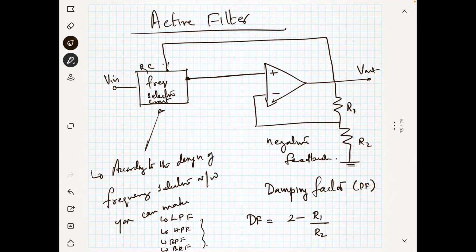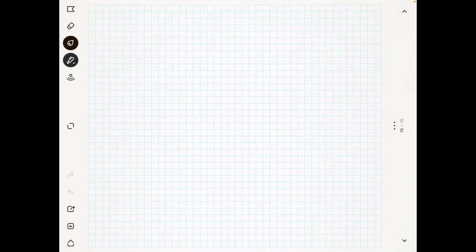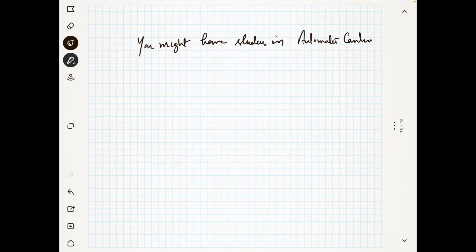Suppose you have a second order response, you might have studied it in automatic control, the second order transfer function.